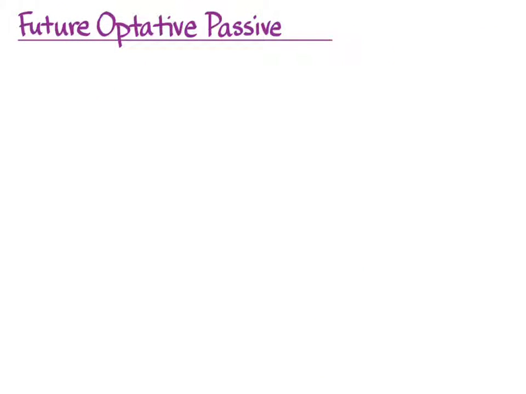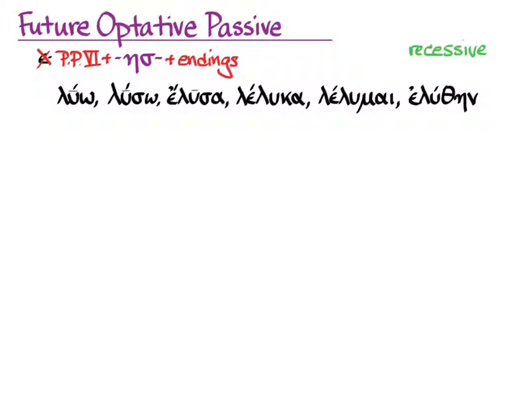When we move on to the future optative passive, of course, we go to the sixth principal part, which is where we get everything passive and future. We take off the past indicative augment, and we add the thesomai infix, that extra little syllable, plus the endings. So accent will be recessive again, and with our model verb, we will go to the sixth principal part.